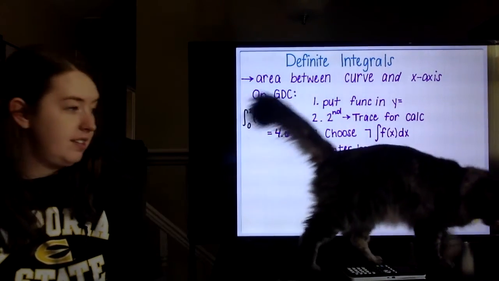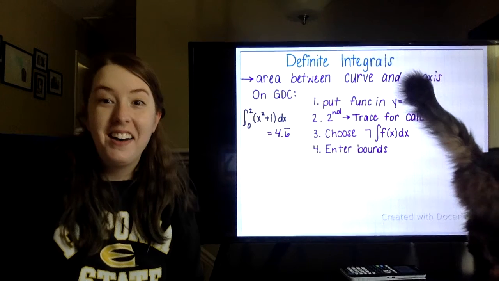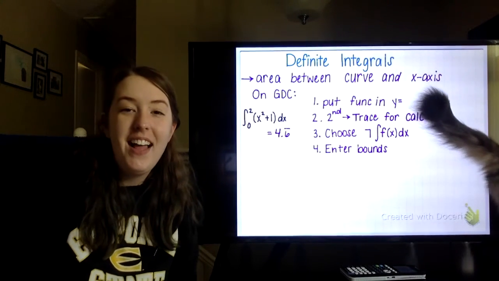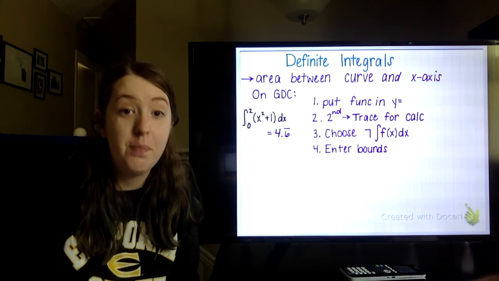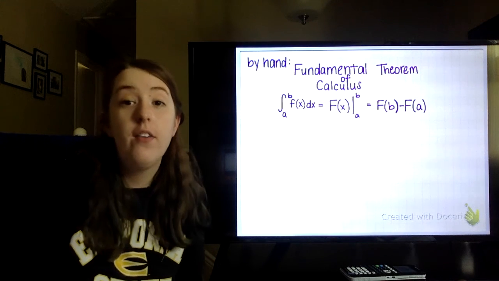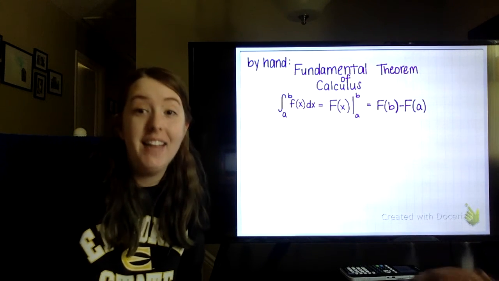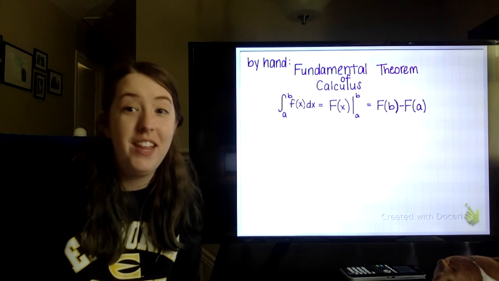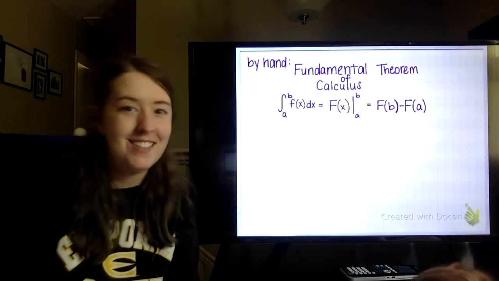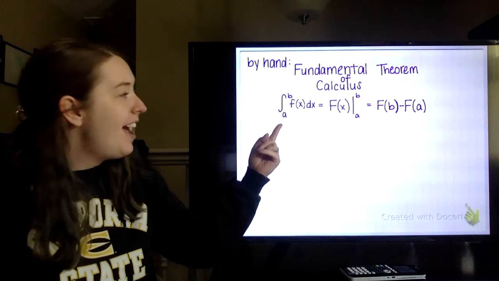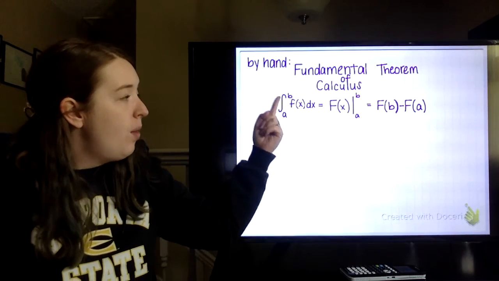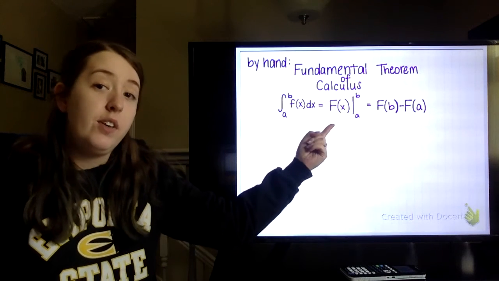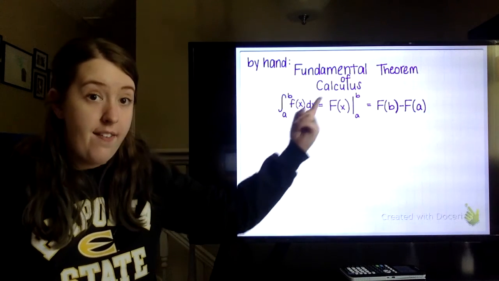Good deal. Okay, cool. All right, so now let's go ahead and look at how do we figure out a definite integral by hand. So finding the definite integral by hand is actually called the fundamental theorem of calculus. So if we have the integral from a to b of a function, what we're going to do is take the integral of that function to get this f of x.